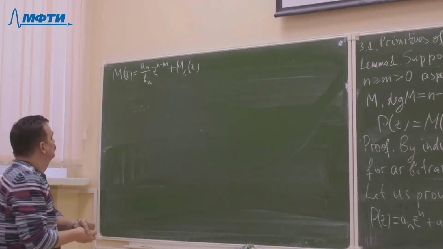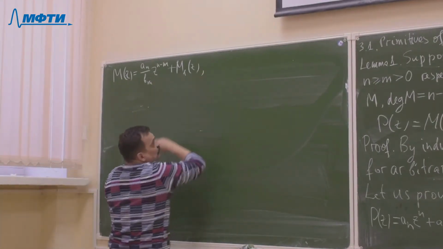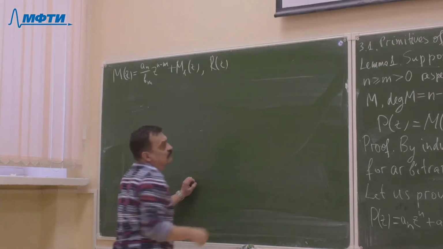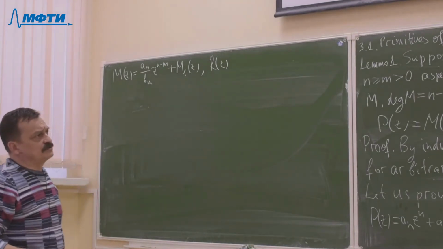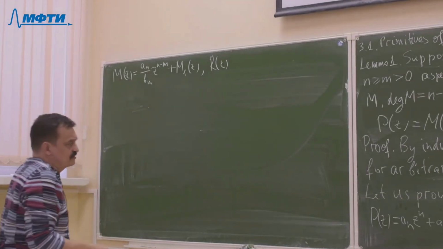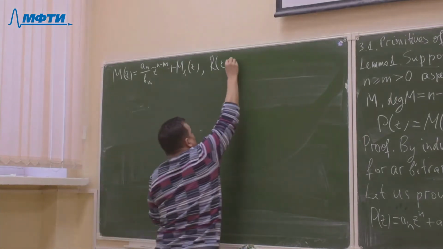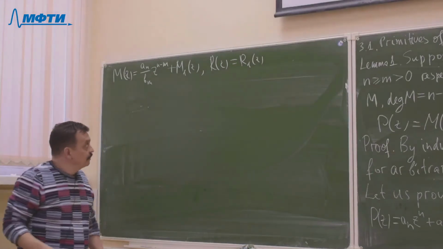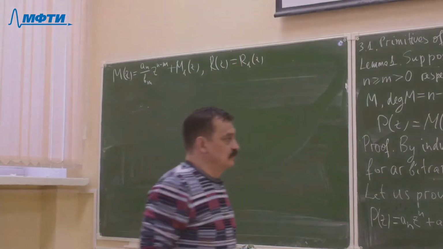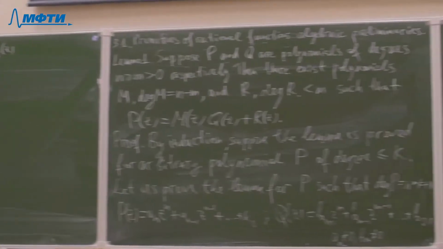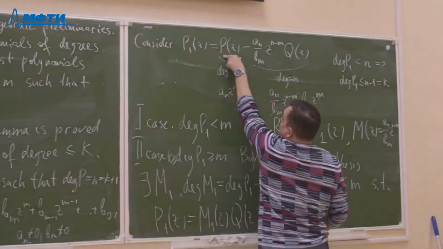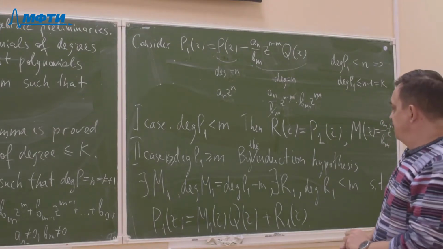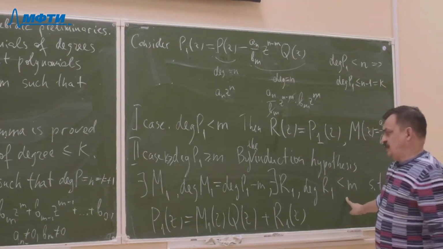And R of z. What is R of z? If we substitute, in fact it's nothing else but just our R1. Same. So look, if we substitute this expression to P1, P of z equals 2. So degree of R1 less than m, it's okay, right?